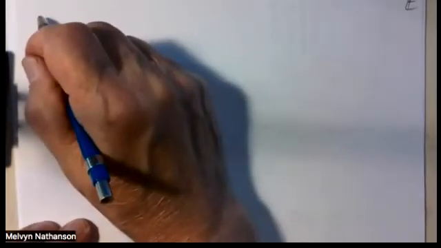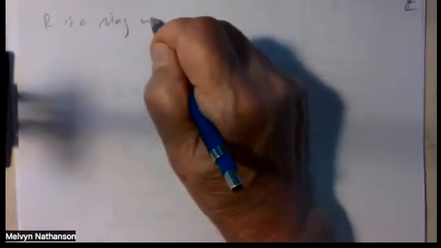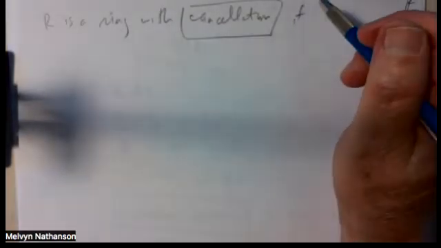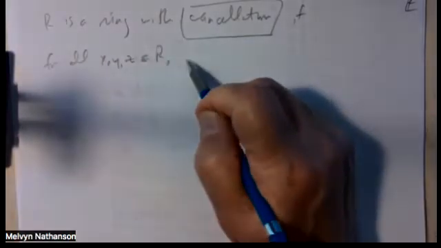So related to a ring being an integral domain is what is called the cancellation property. R is a ring with cancellation if it has the following property. For all x, y, and z in the ring, if x is different from 0 and xy equals xz, then you can cancel the x and say that y equals z.